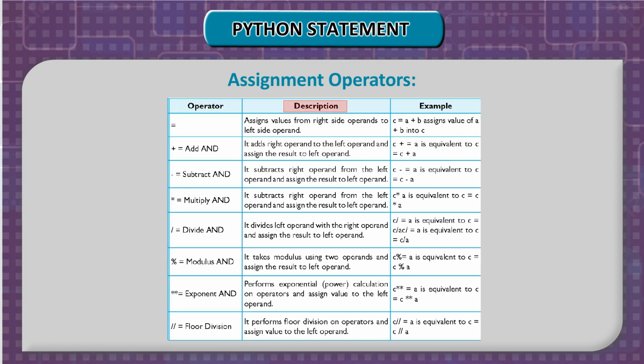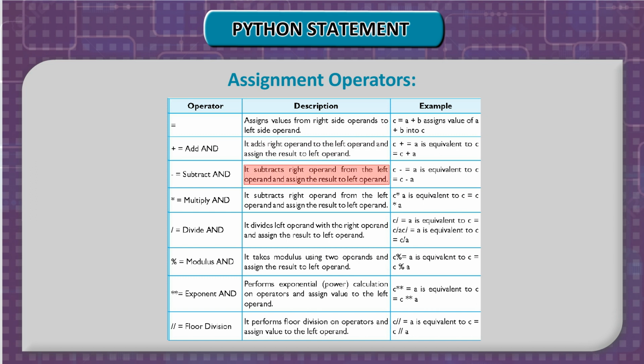Assignment operators: operator, description, example. Equals, plus equals (add and), minus equals (subtract and), asterisk equals (multiply and), slash equals (divide and), percent equals (modulus and), double asterisk equals (exponent and), double slash equals (floor division). Equals assigns values from right side operands to the left side operand. Plus equals adds the right operand to the left operand and assigns the result to the left operand.